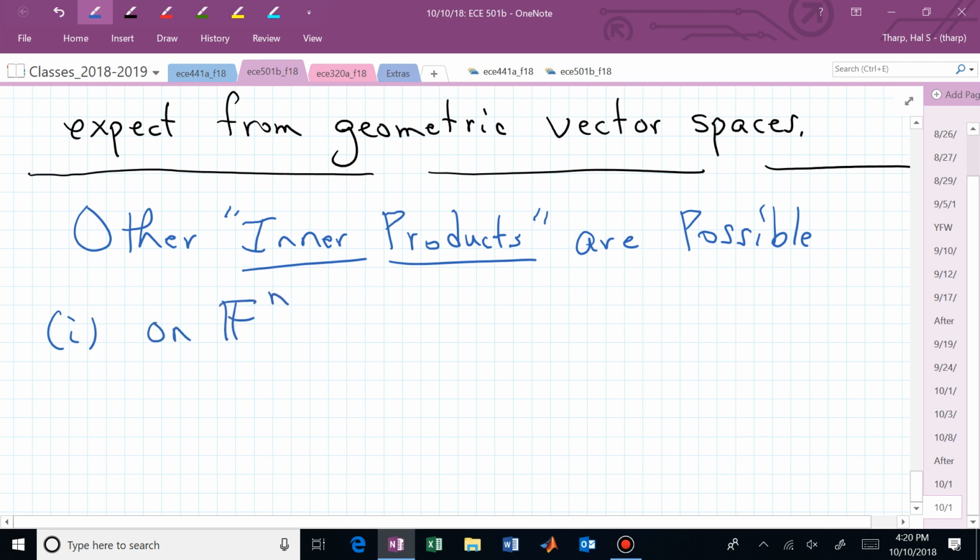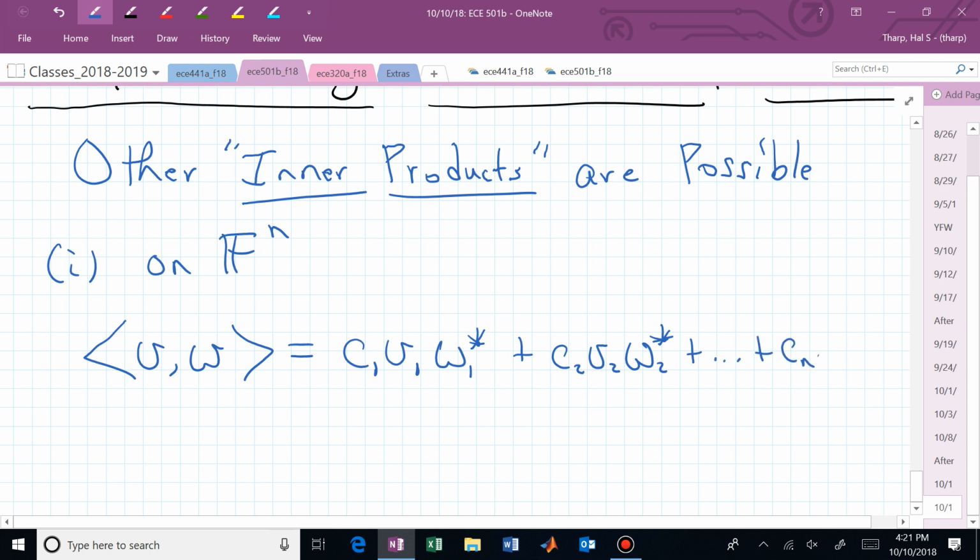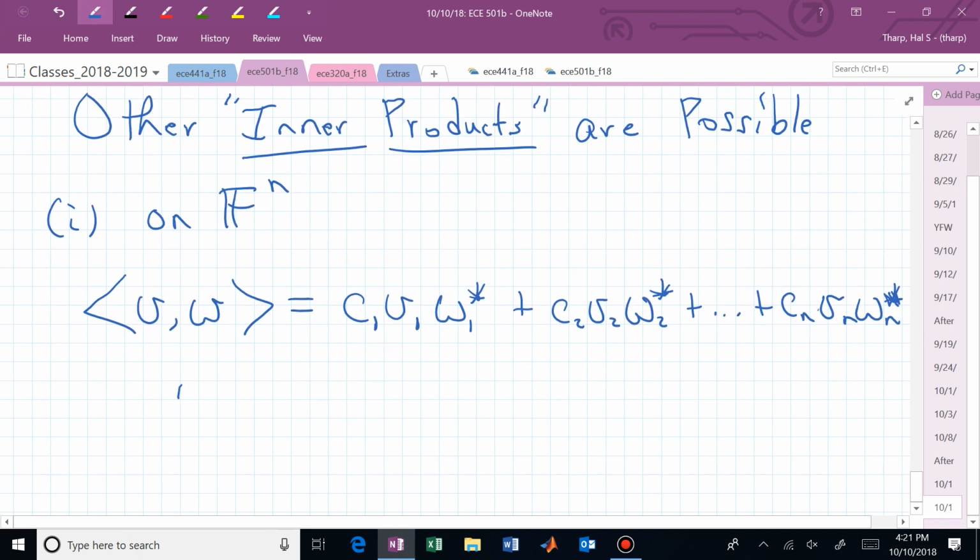Suppose we're still dealing with F to the n, then you could create something somewhat similar to what we've seen before, but now we can actually scale each of those component products with a positive scalar: c1 v1 w1 star plus c sub 2 v2 w2 star on up to c sub n v sub n w sub n star, with all of these c sub i's being real and positive.